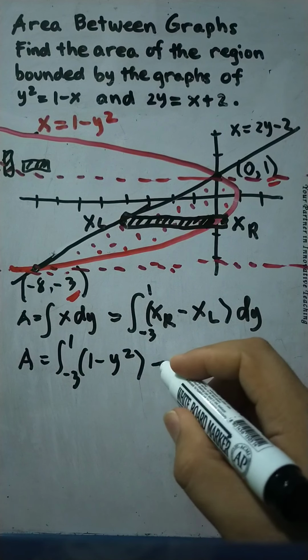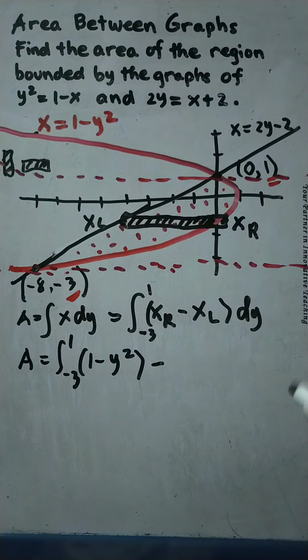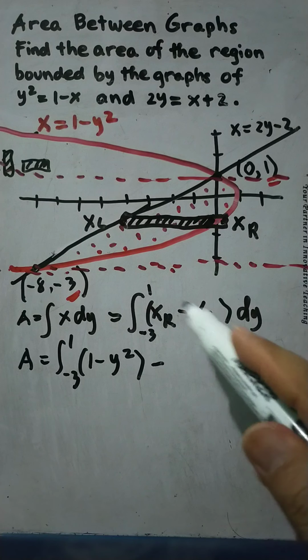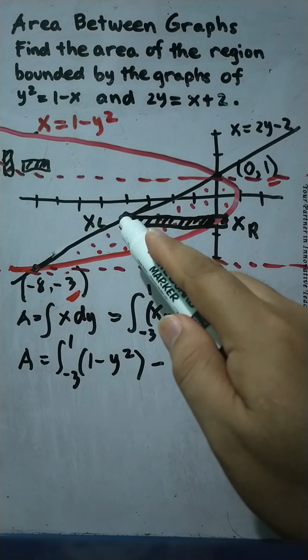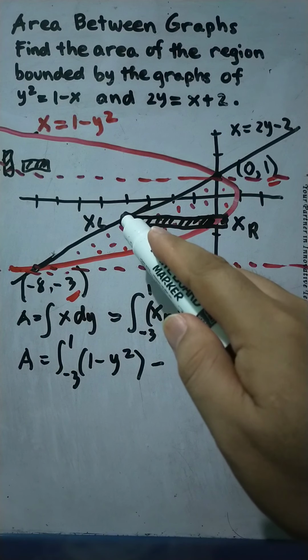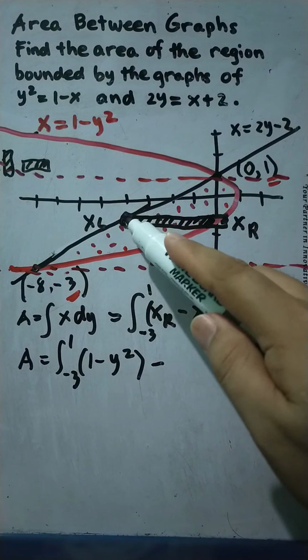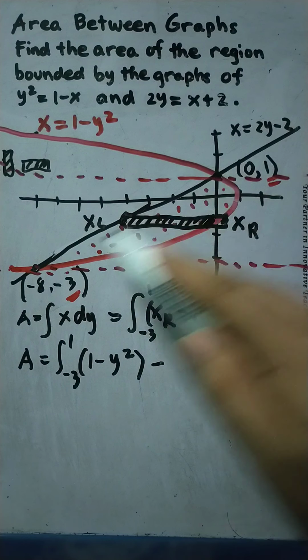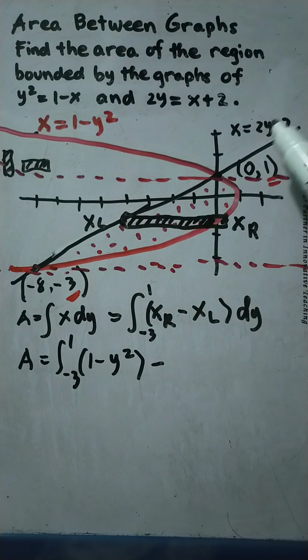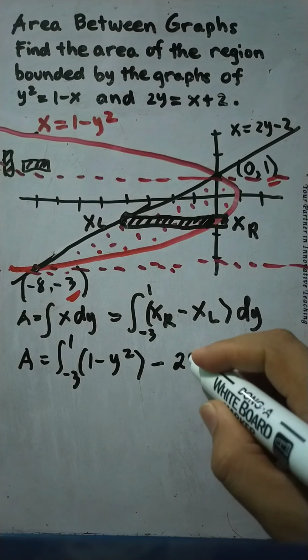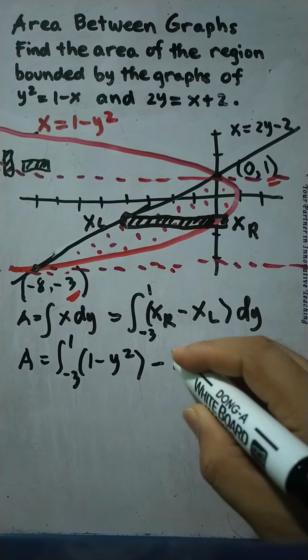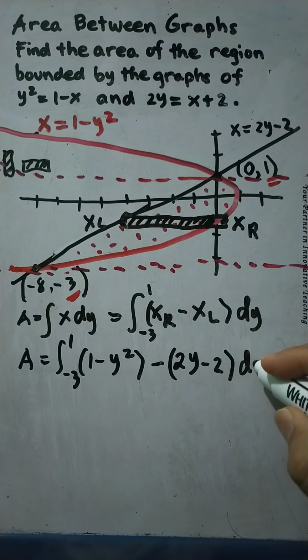Okay? And then, our xl is the x value of the graph that passes through this point. The x value of the graph that passes through this point is the line wherein x is equal to 2y minus 2. So, we have here 2y minus 2 dy.